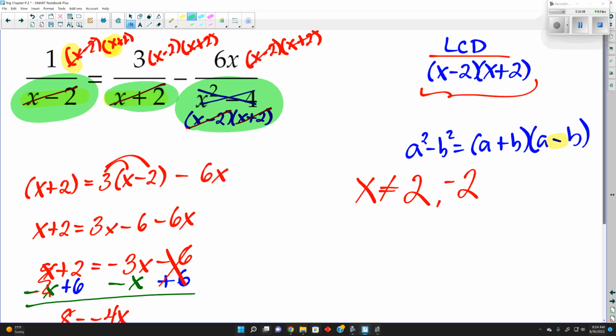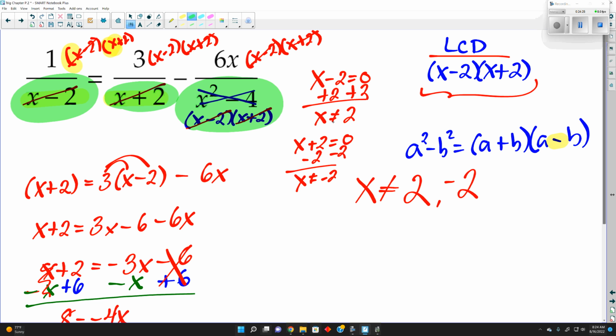Yeah, because what we could do is just say x minus 2 is equal to 0. Add 2, add 2. Same thing with x plus 2. It would be minus 2, minus 2. So x can't be 2 or negative 2, because if it is, it will make one of the denominators be 0, and it doesn't work.